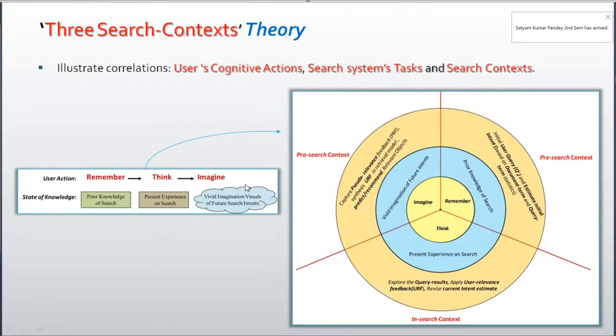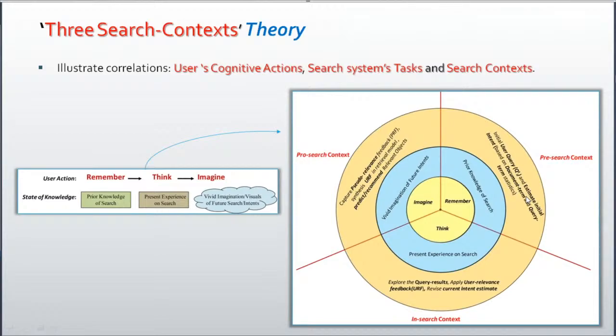The first context represents the first behavior, which is referred to as the pre-search context. This is your first state during the search, where we are applying the knowledge by using the remember cognitive behavior, right? Here the user applies a query with some terms and waits for the results.